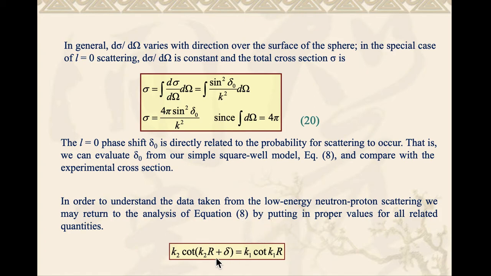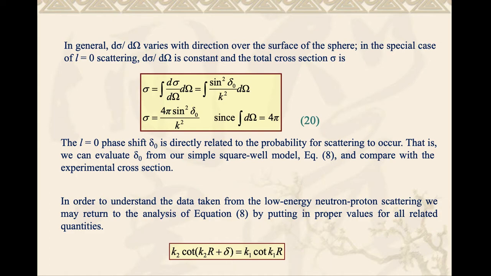This was our equation number 8, by putting in proper values for all related quantities: K2 cot (K2 R plus delta) is equal to K1 cot K1 R. This is the equation for our nucleon scattering, and this delta was the phase shift.